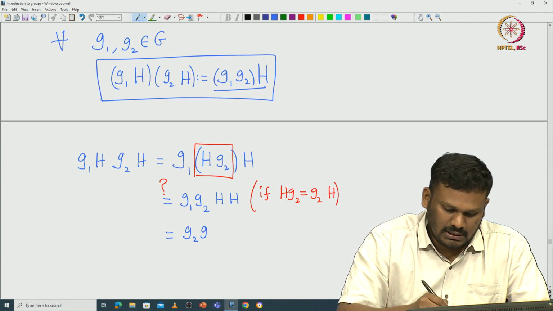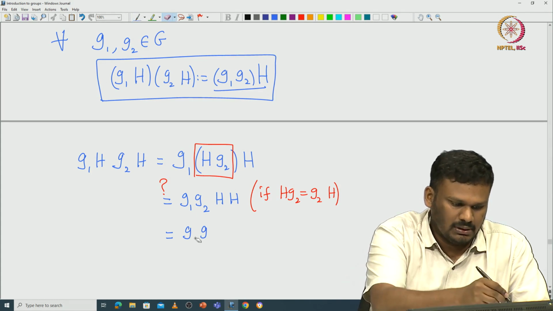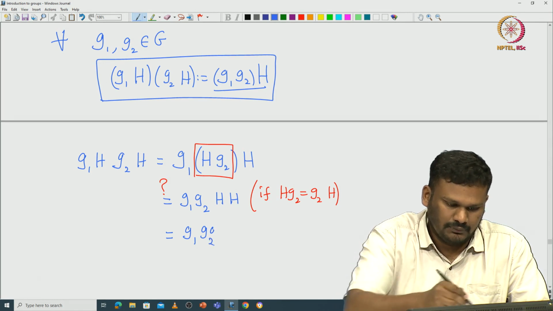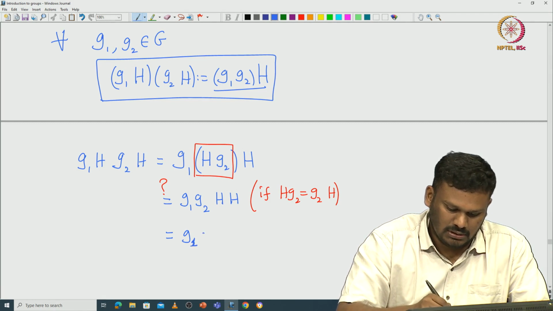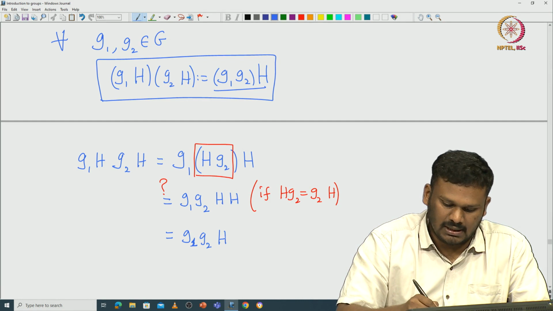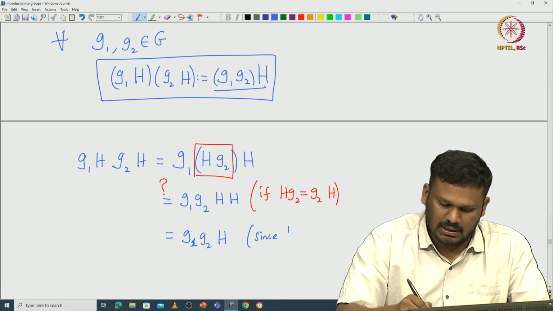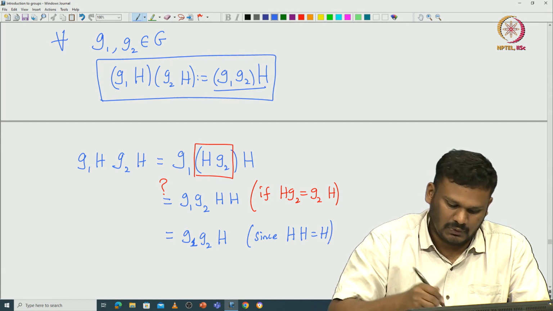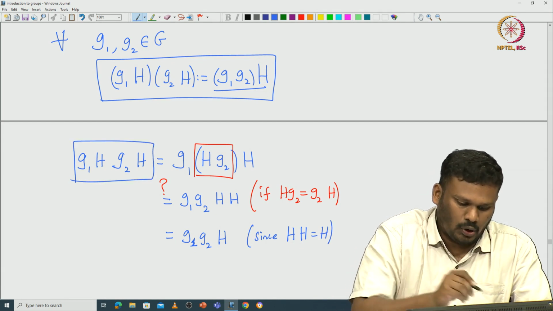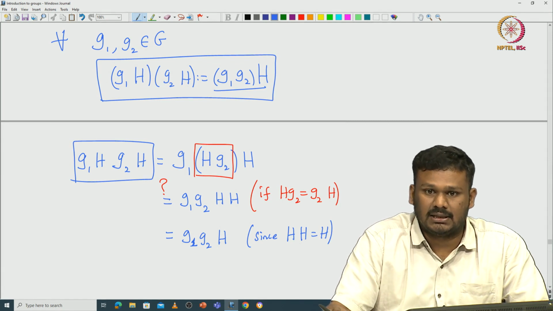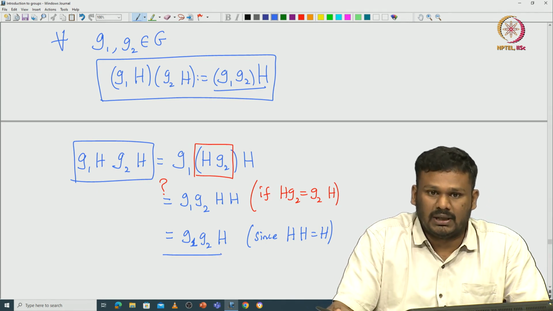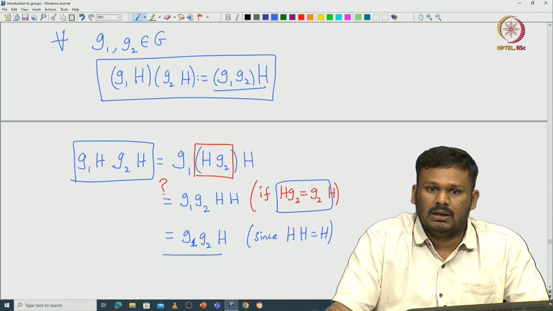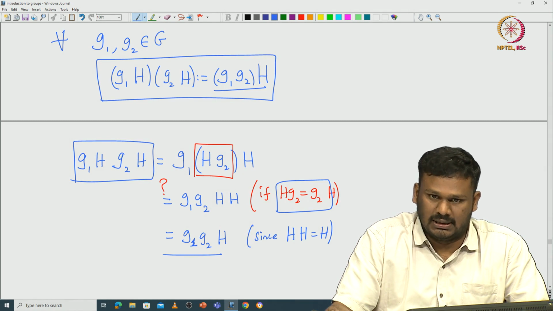So, this equality becomes g1 g2 times H, which comes for free since H times H is H. So, naturally the product of these two sets inside capital G, g1H times g2H, becomes equal to g1 g2 H if we have this property: the left coset corresponding to g2 should be equal to the right coset corresponding to g2.